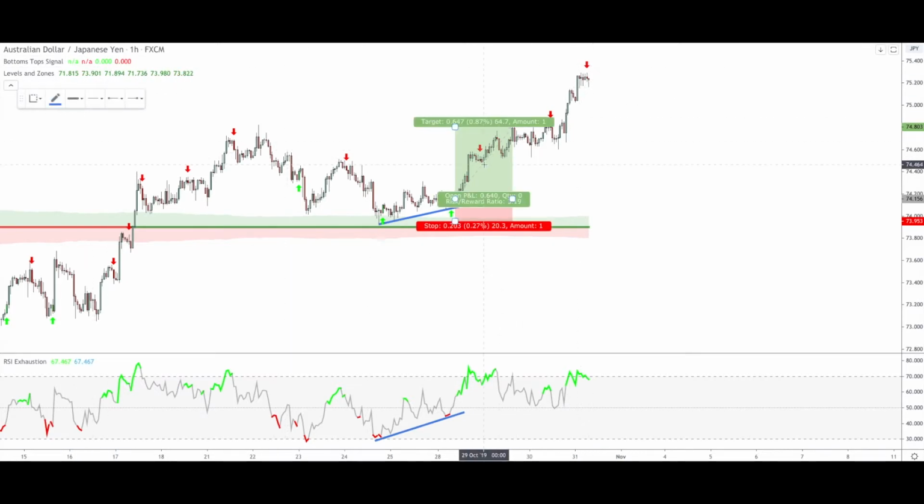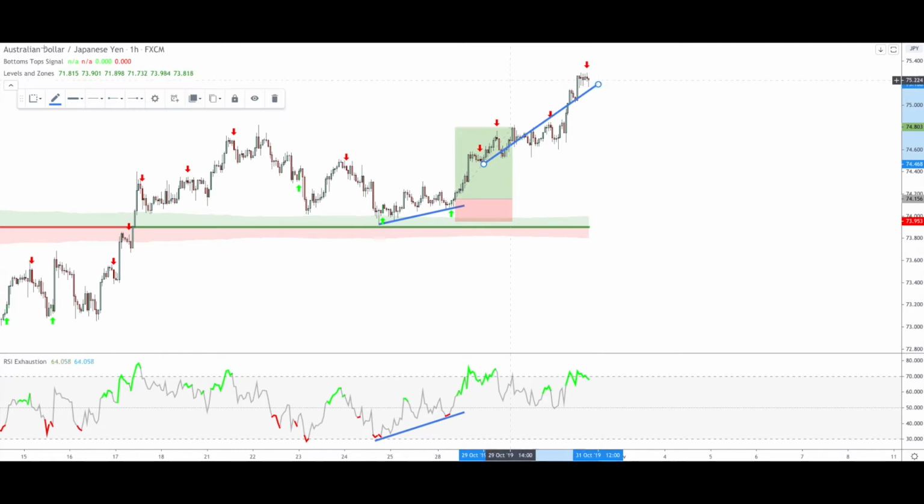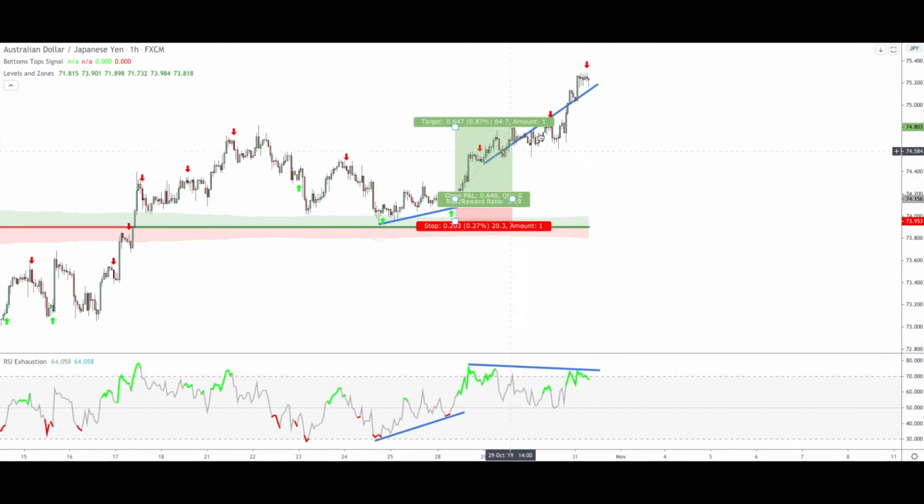So the price in the last few days has gone up, but at the same time the RSI has gone slightly down, or at least flat. You see it's a slight downward movement in the RSI, but the price is way higher.